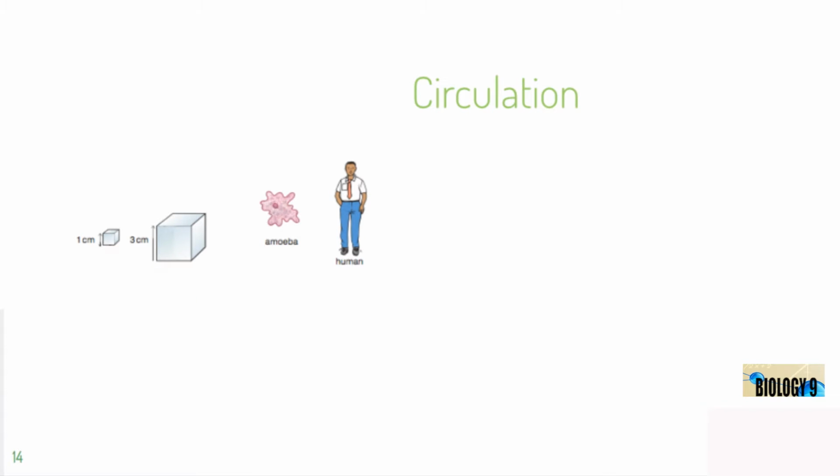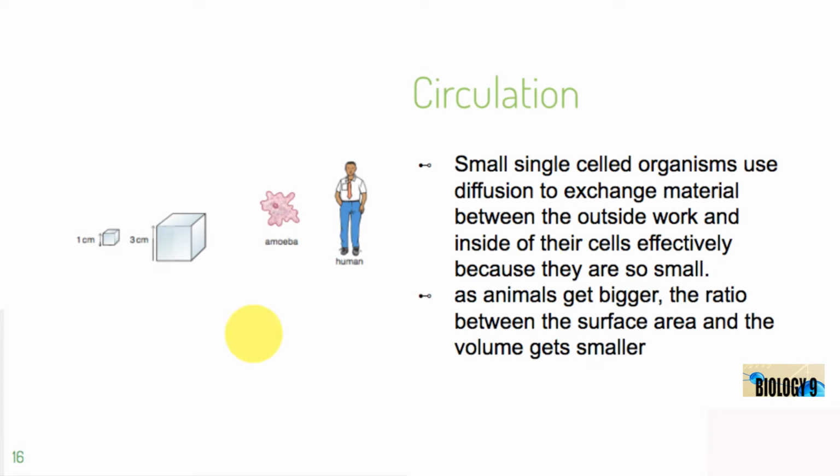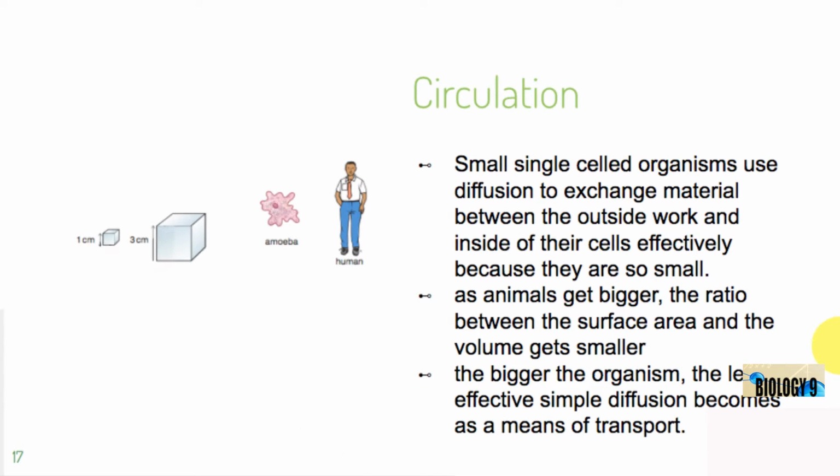So just to summarize here, small single-celled organisms like this amoeba use diffusion. As they get bigger, the ratio between surface area and volume gets smaller. Okay? And the bigger the organism, the less effective this process of simple diffusion is.